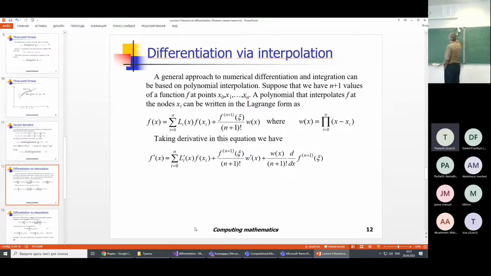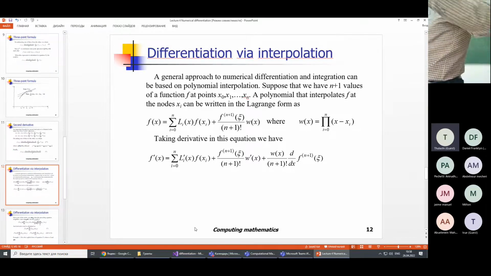And as far as the polynomial is close to the function, the derivative of the polynomial will be close to the derivative of the function. The first derivative, the second derivative of a polynomial will be close to the second derivative of the function, and so on.